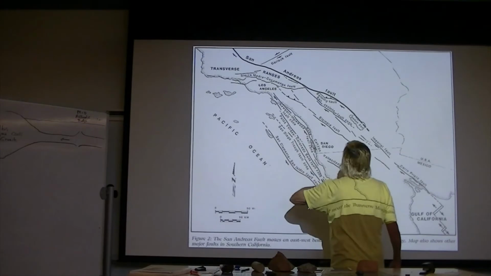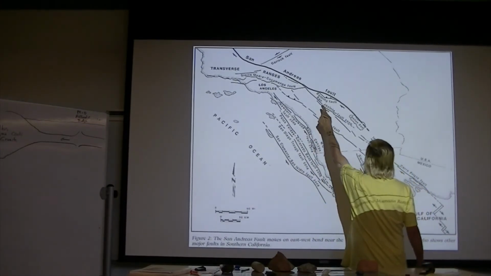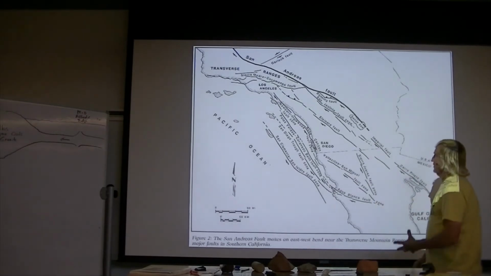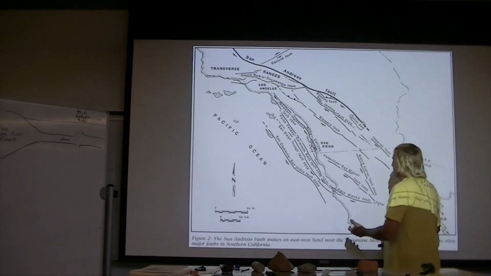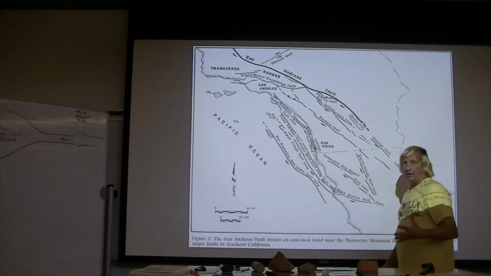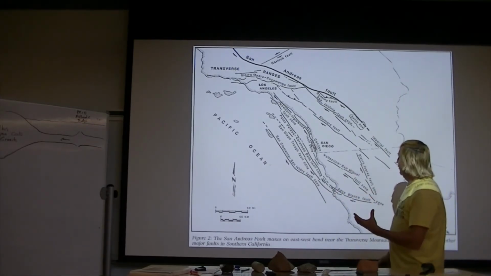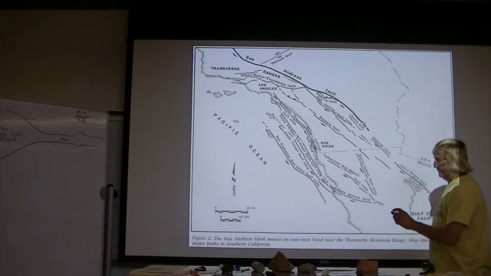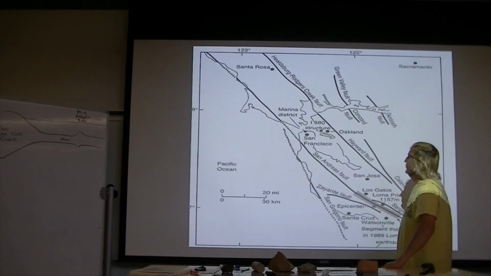We have the Newport Inglewood Fault, the Elsinore Fault, the San Jacinto Fault, the Banning Fault, and then of course the San Andreas Fault. So California has a lot of faults because it's being stretched. And as it's stretched, it's breaking apart. It has this brittleness to it, and that's why these rocks are forming these nice little faults.